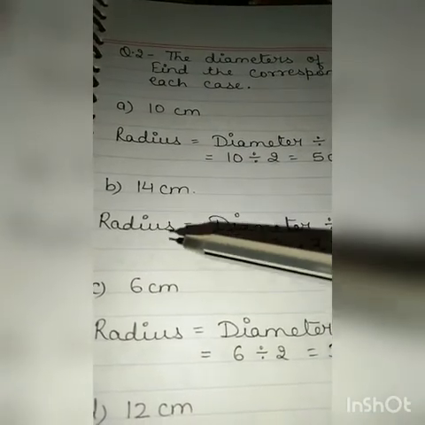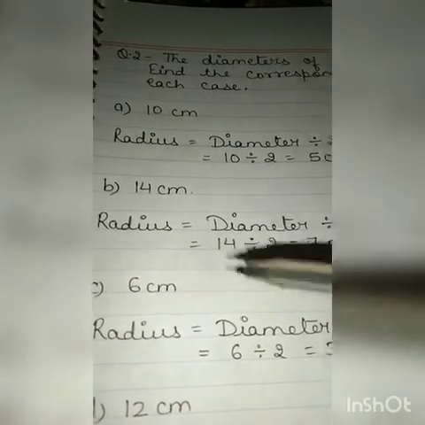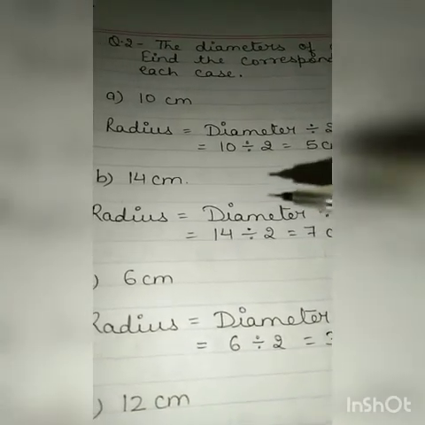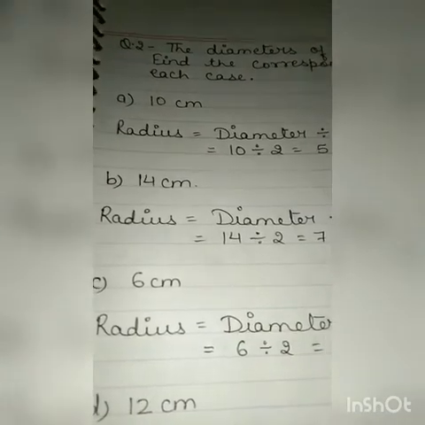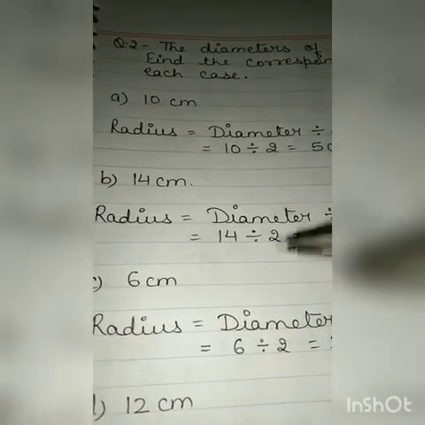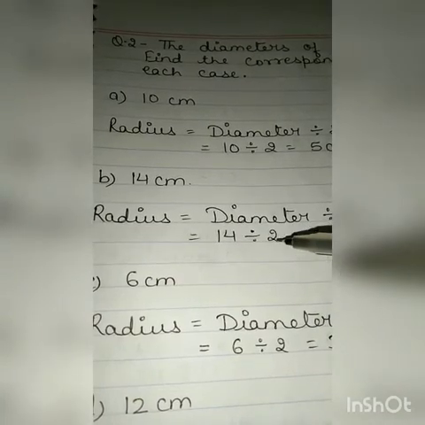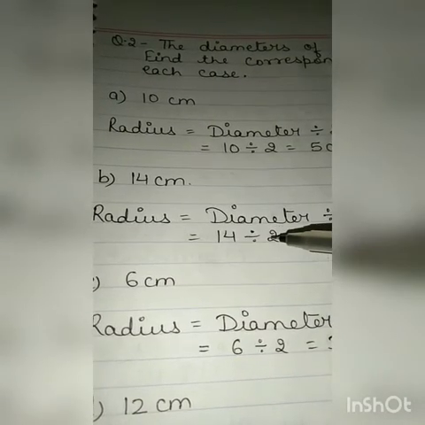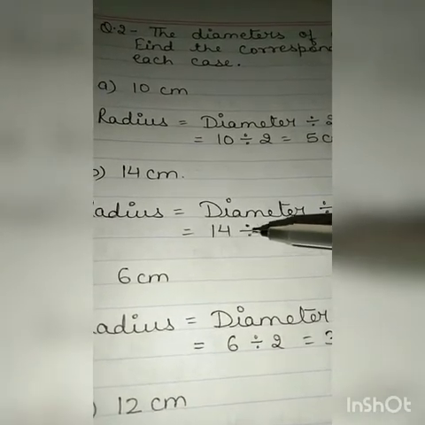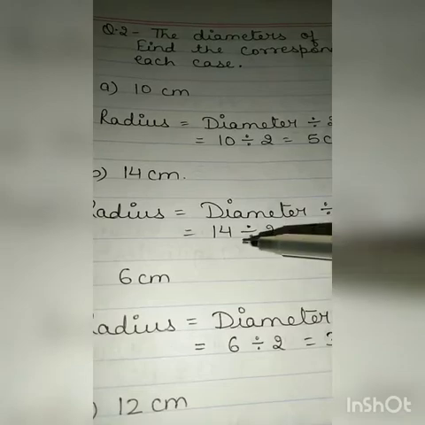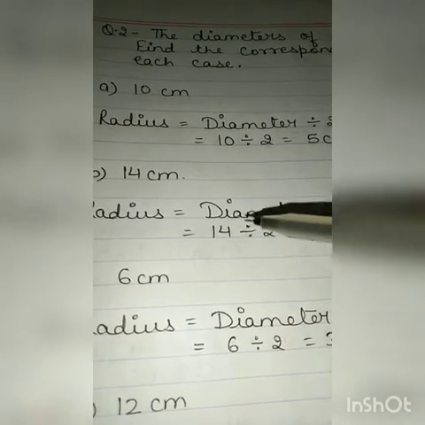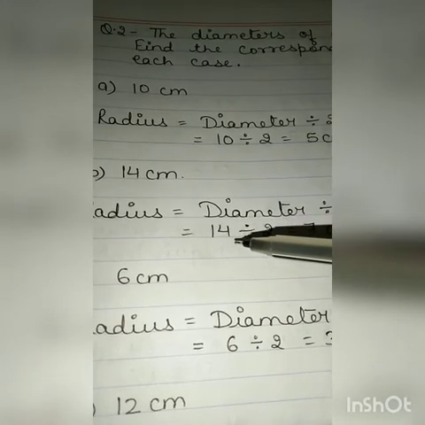So you will put the formula radius is equal to diameter divided by 2. Now once again you have to divide the diameter by 2 and the diameter is 14 centimeter. So 14 you will divide by 2. How many times does 14 come in the table of 2? 2 1s are 2, 2 2s are 4, 2 3s are 6, 2 4s are 8, 2 5s are 10, 2 6s are 12 and 2 7s are 14.